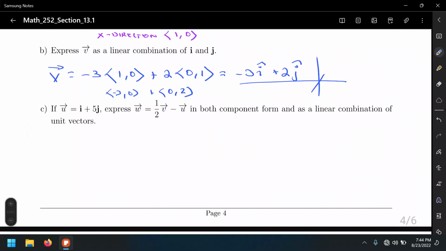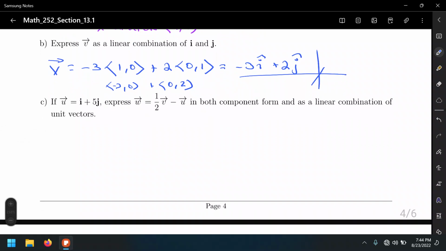For letter c, if u equals i plus 5j, express w equals 1/2 v minus u in both component form and as a linear combination of unit vectors. Well, we already found this vector v, which is -3, 2.